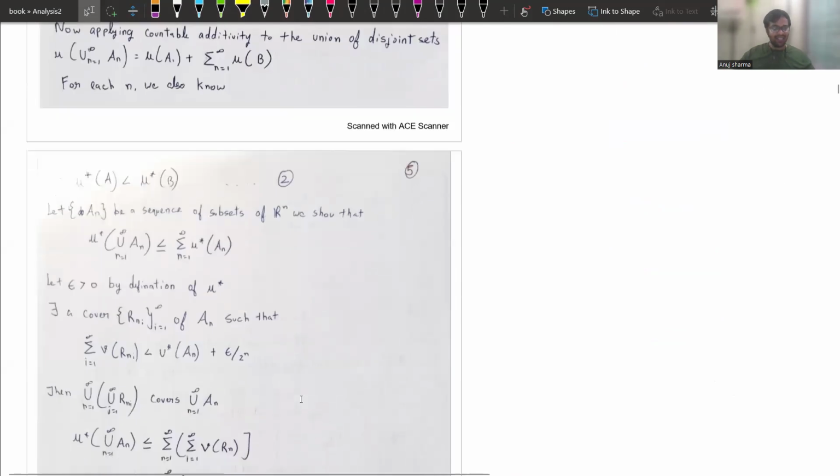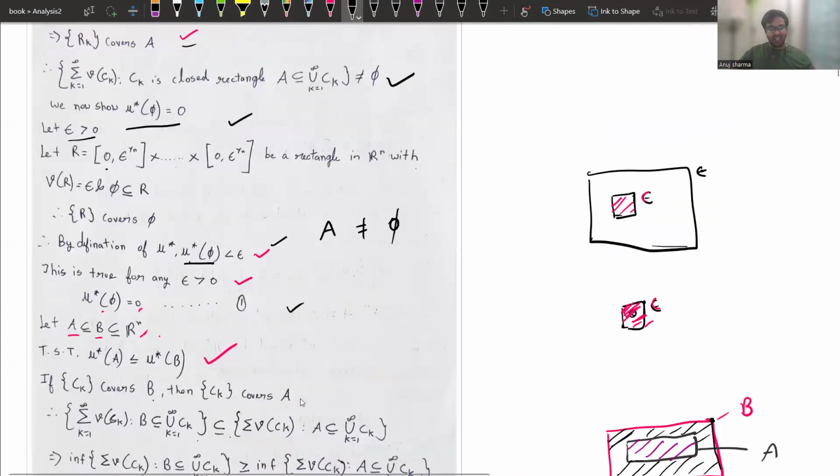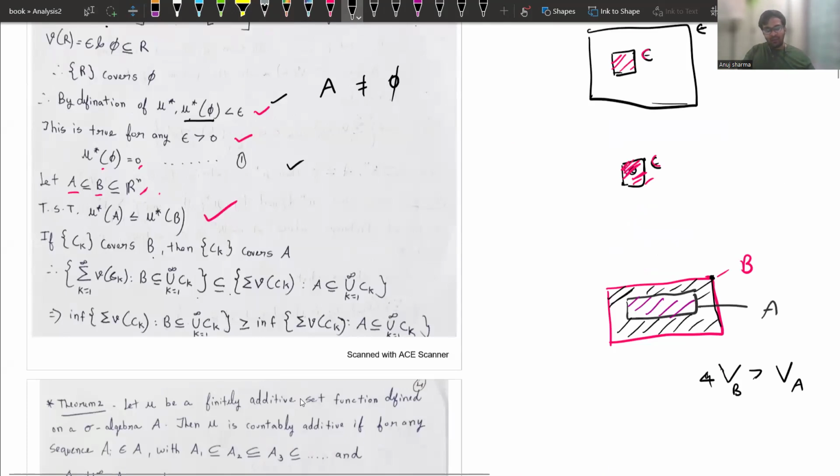And if this is the case, then we can say that measure of A is less than measure of B. So if volume of B is greater than volume of A, the volume of this B book is greater than the volume of the A book.